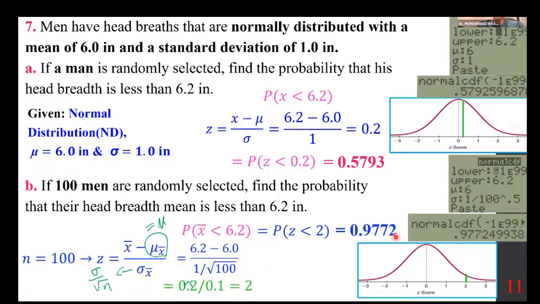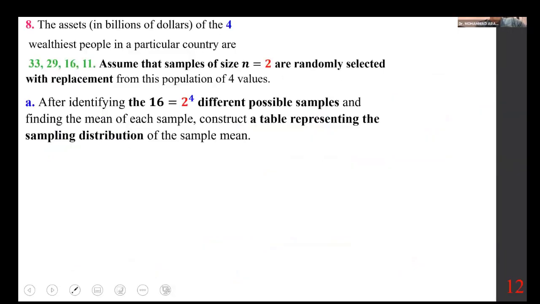The main difference for part A and B. In part A, n is 1, you use x. In part B, n is not 1. It is larger than 1, and you use x bar, and it changes the formula for the z.